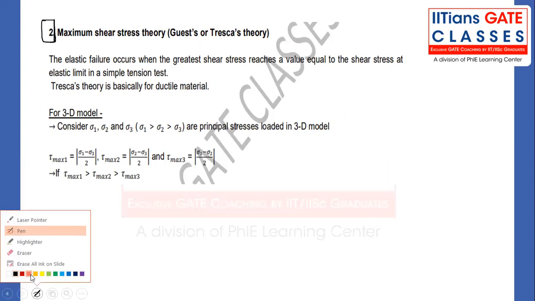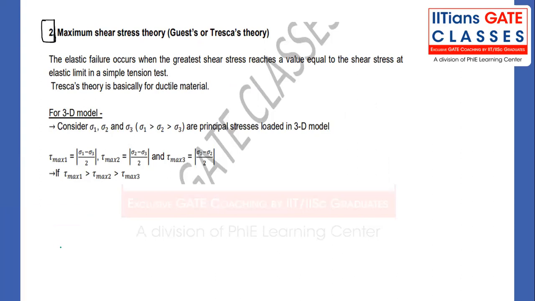Very, very important. That is the maximum shear stress theory. We also call this Guest's or Tresca's theory. One of the very, very important topics. The elastic failure, what is the statement?